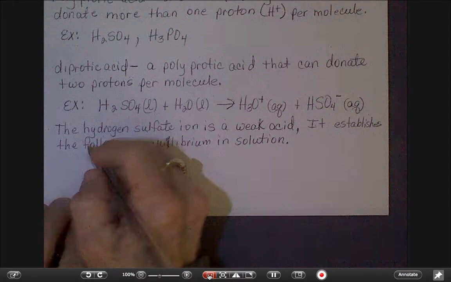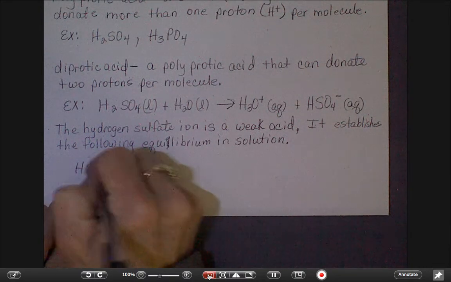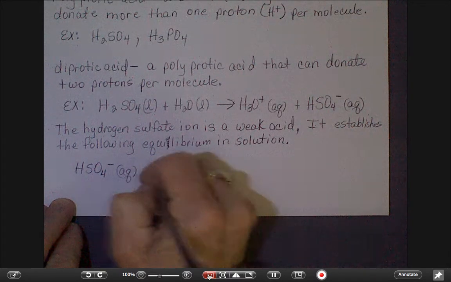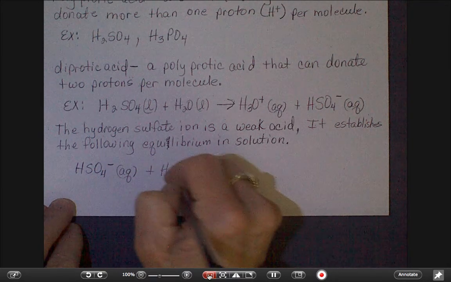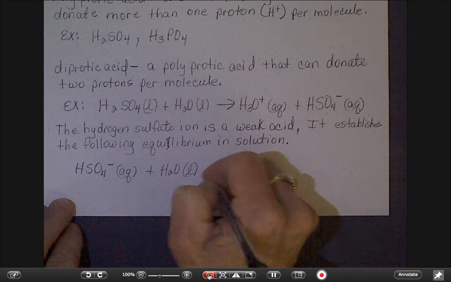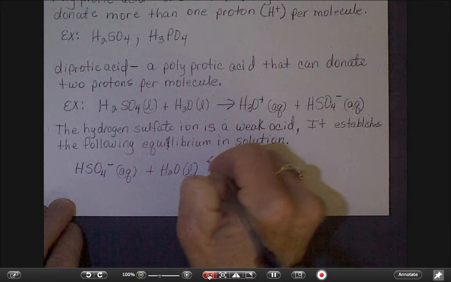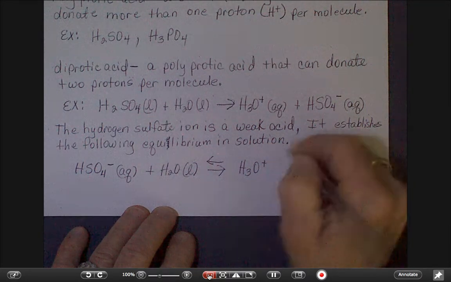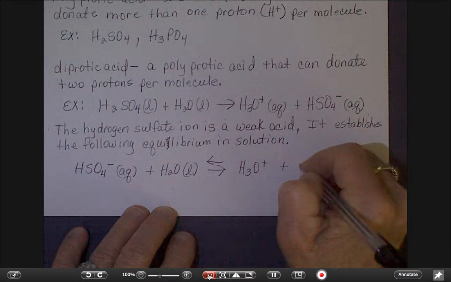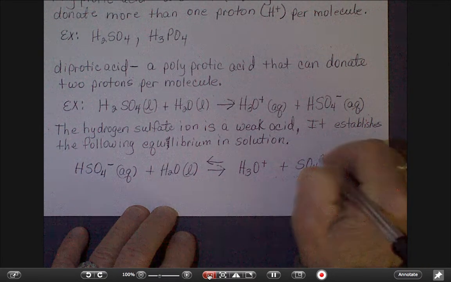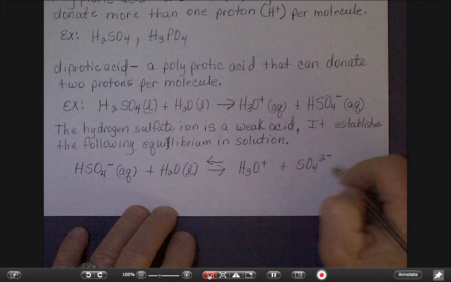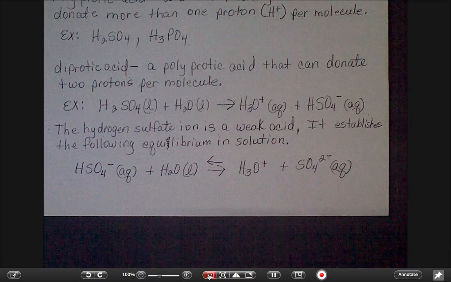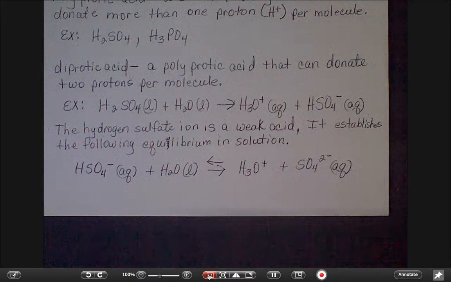All right. Now, HSO4 minus plus H2O, double arrow, H3O plus, SO4 2 minus. They ionize in steps.